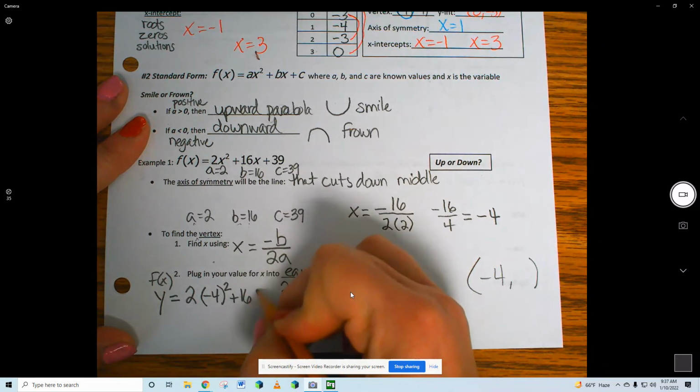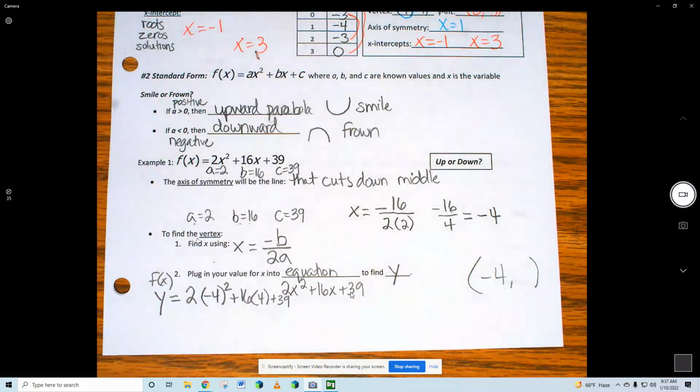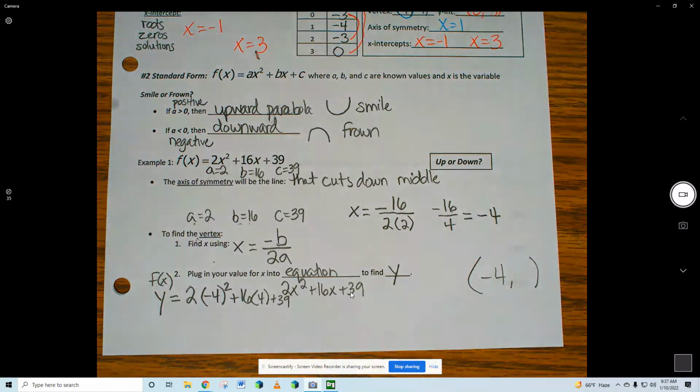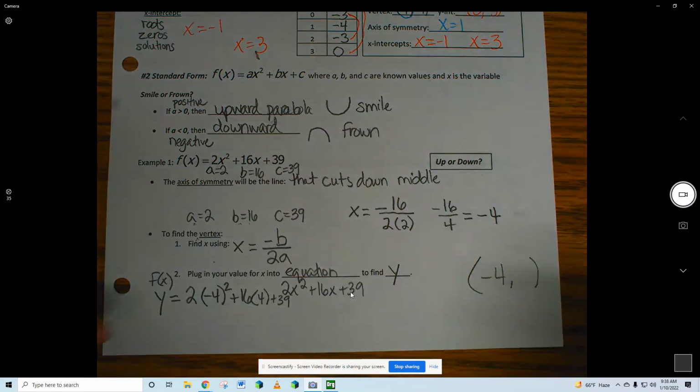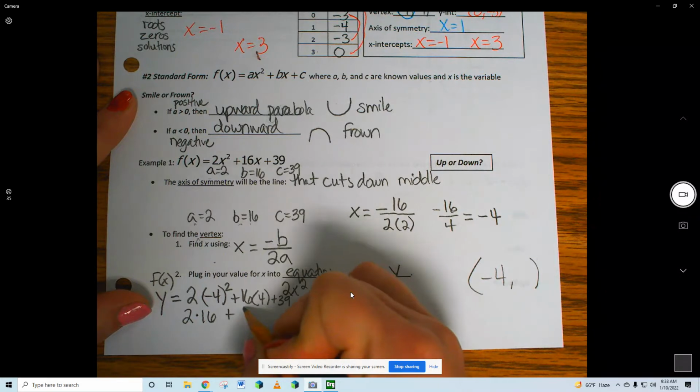Plus 16 times 4 plus 39. I'm going to do negative 4 squared first. That's the order of operations, exponents. Negative 4 squared is 16 times 2.